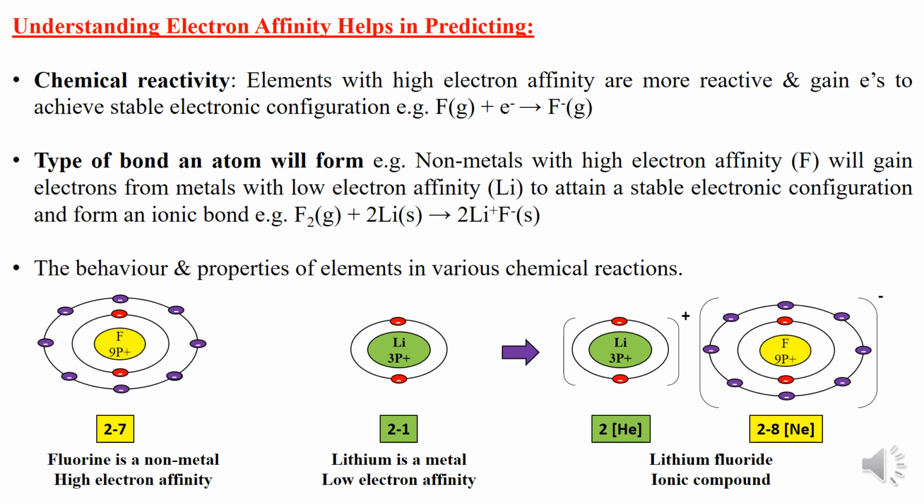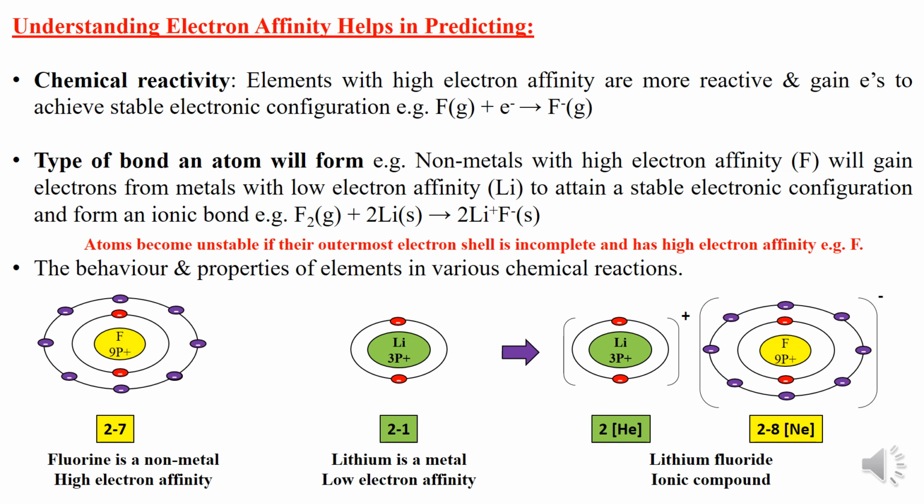So you can remember this particular reaction, and this reaction will help you in summarizing all the 3 points which I have highlighted here. So atoms become unstable if their outermost electron shell is incomplete and has high electron affinity, as in case of the fluorine atom.